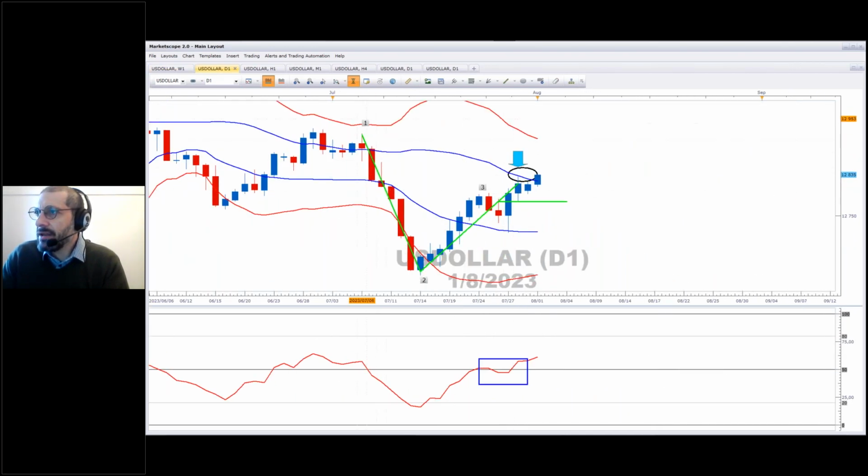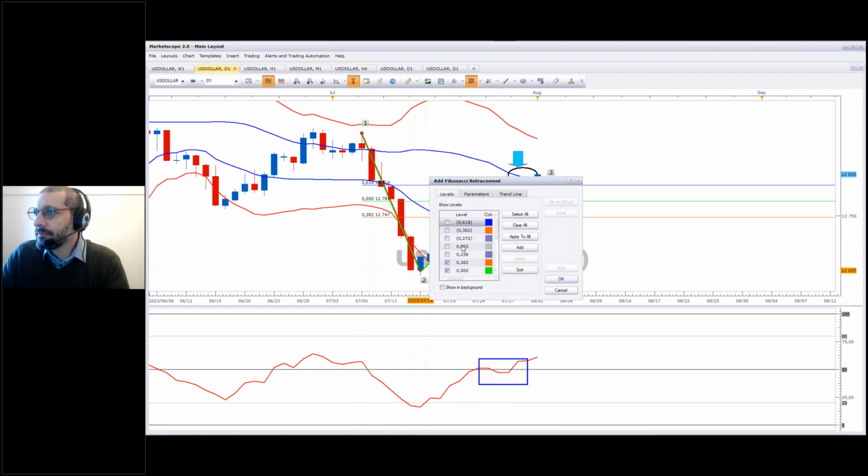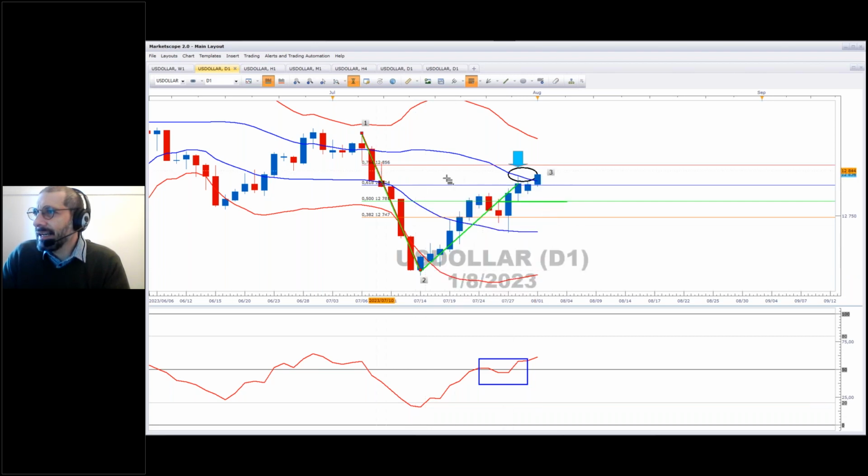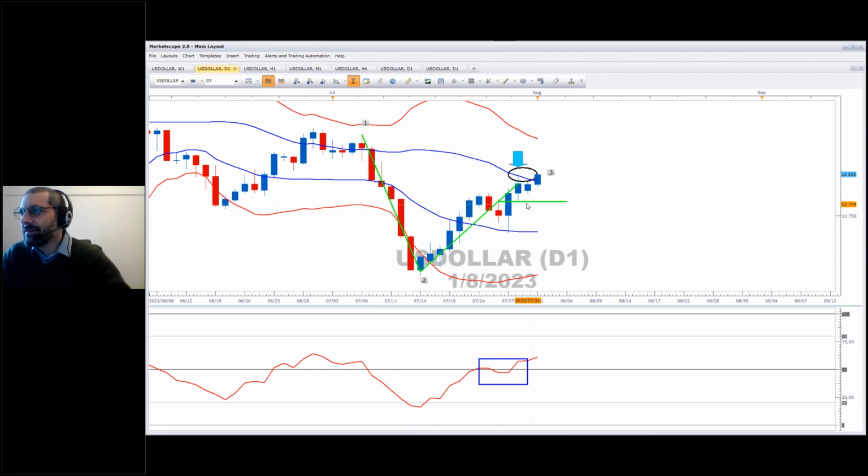Okay, so this 1, 2, 2, 3 pattern, well, it hasn't quite completed. I'm just putting up a 76.4% here. So we're getting a deep pullback on the daily. This is very interesting. The dollar showing some signs of strength here regardless.